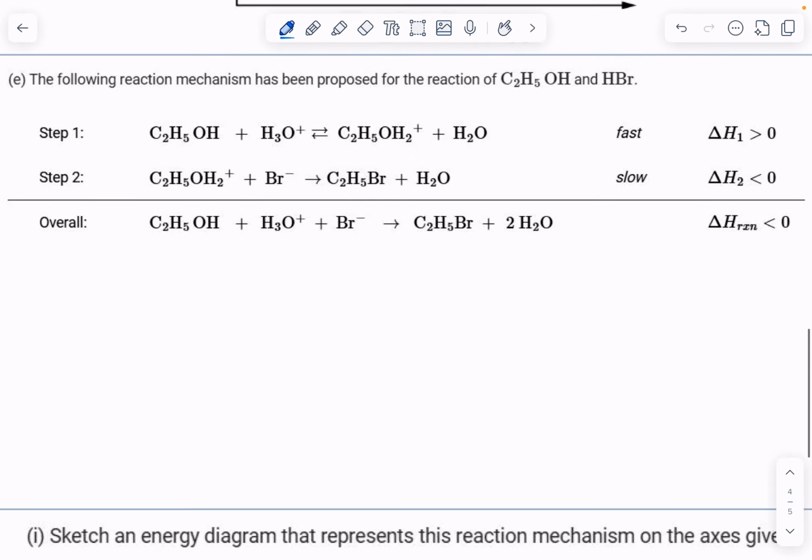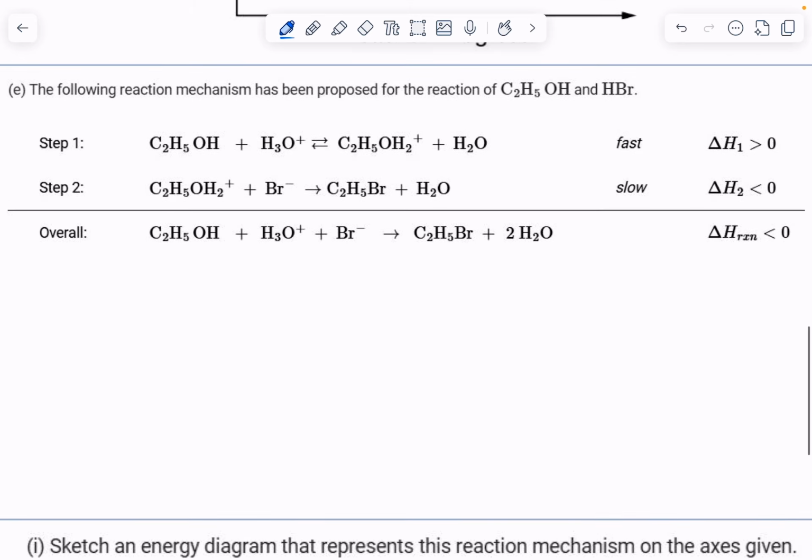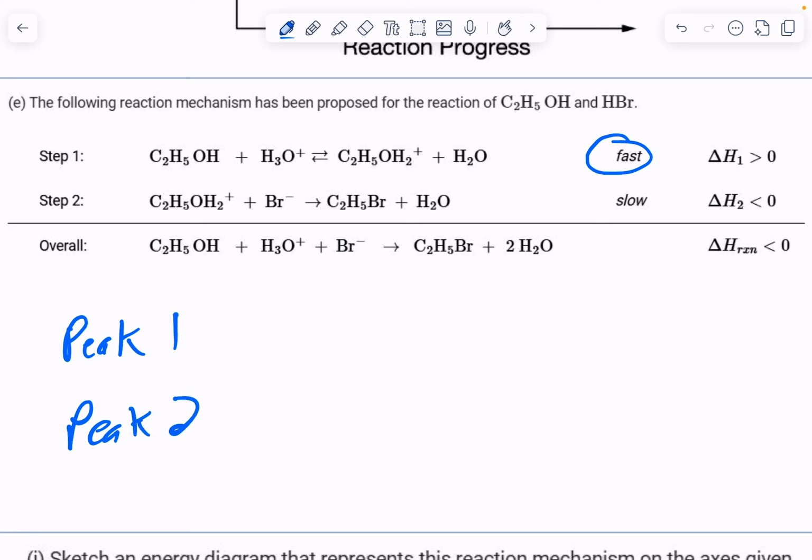Okay, going to do the same exact thing for this one. In this case, though, I'm given a little bit more information. The first step is fast, and so I'm going to do peak 1 and peak 2 right here.